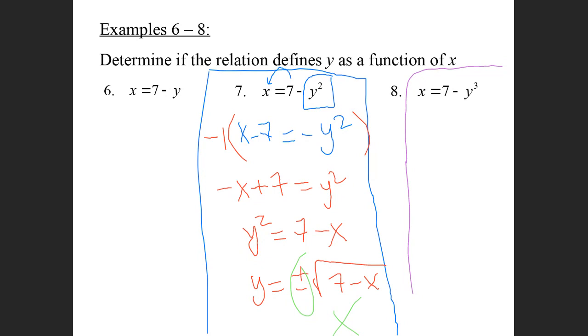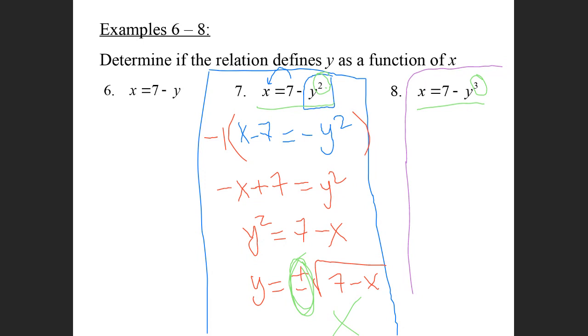This equation defines a function. Why so? These equations look the same, right? But watch out for the even power and the odd power. When you have an even power, you have to add plus or minus. When you have an odd power, you don't have to add plus or minus.